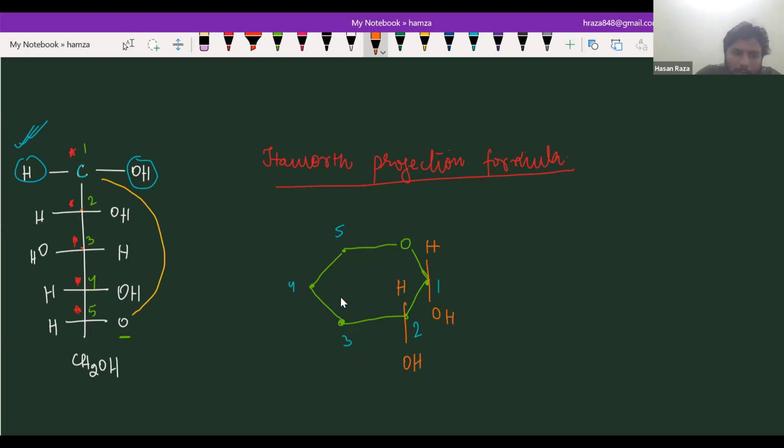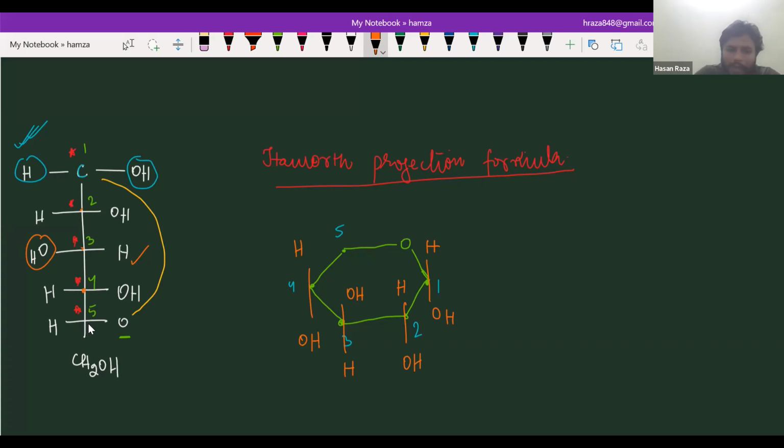Third carbon, you can see on the left hand side OH, that's why I'm going to write OH here, and on the right hand side H, so I'm going to write this H. Fourth carbon, you can see H on the right hand side, above, and below OH. Now fifth.